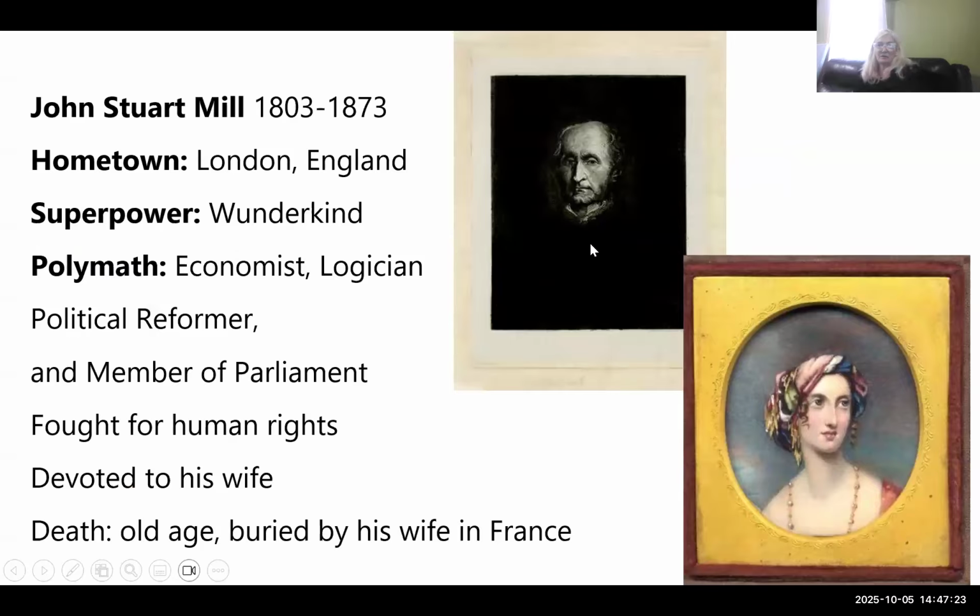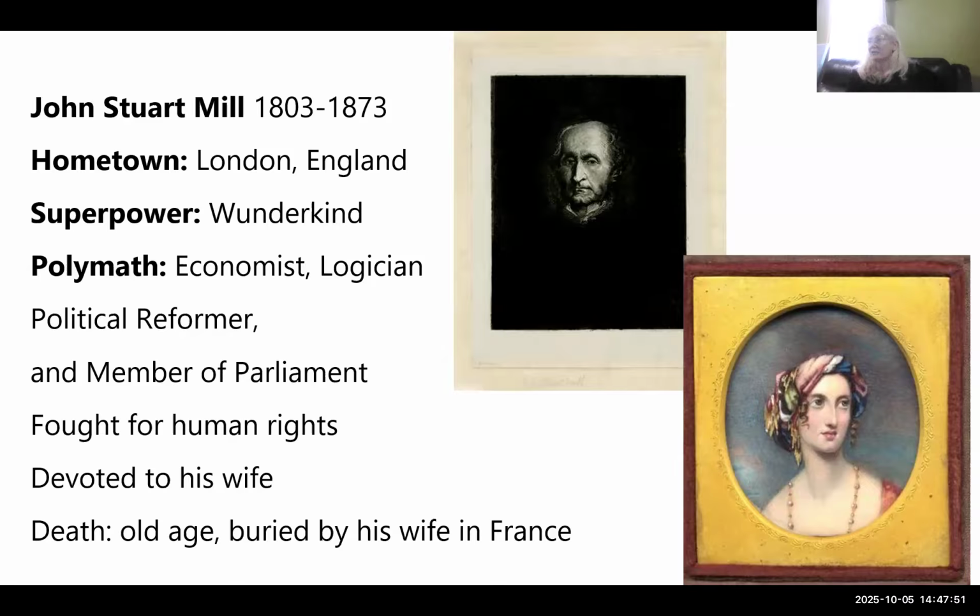Now, this is John Stuart Mill and his wife, Harriet Taylor, also a Londoner, as I think I mentioned. He's a wunderkind, meaning he learned Greek and Latin when he was very young and was reading economics by the age of like 11, something ridiculous. So he's very skilled in economics, logic, and political philosophy.